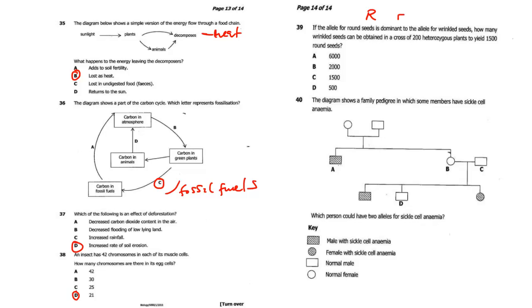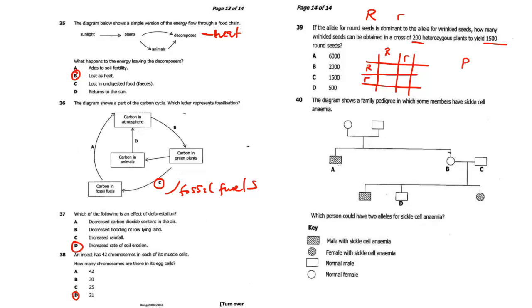How many wrinkled seeds can be obtained in 200 heterozygous plants to yield 1500 round seeds? The first thing is to carry out the crossing, a simple cross otherwise known as a Punnett square, composed of 4 boxes. They are heterozygous that you are crossing.